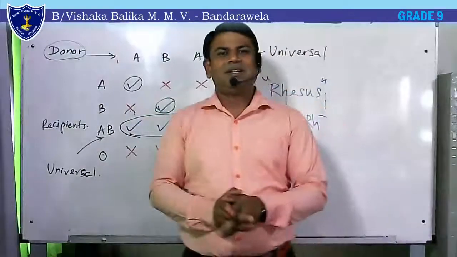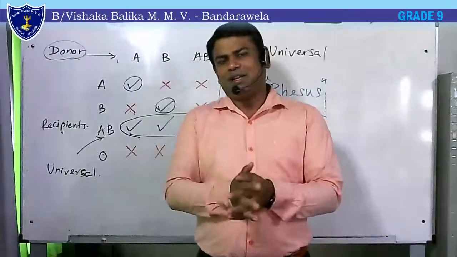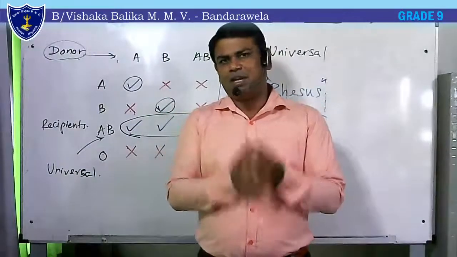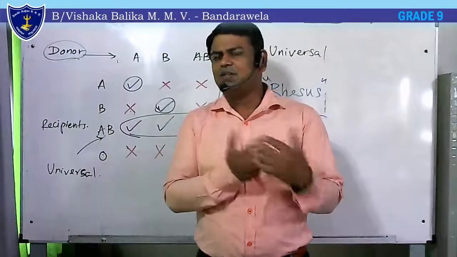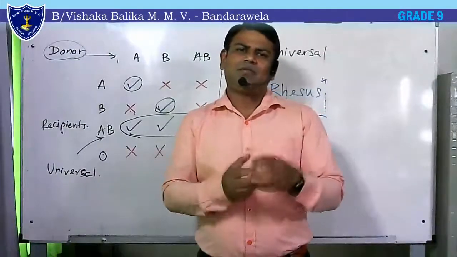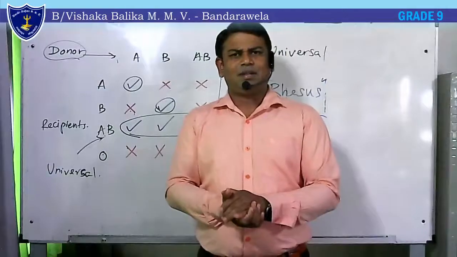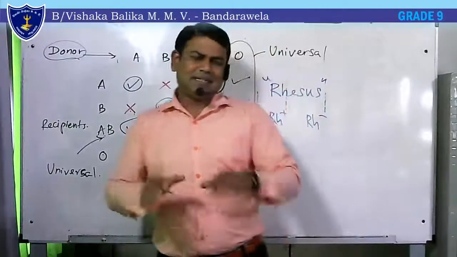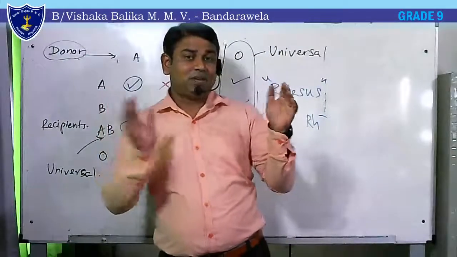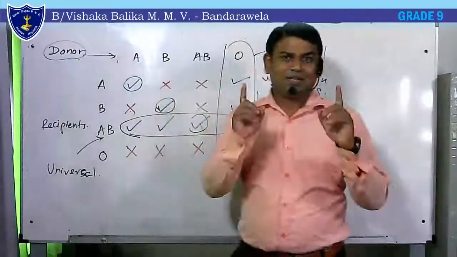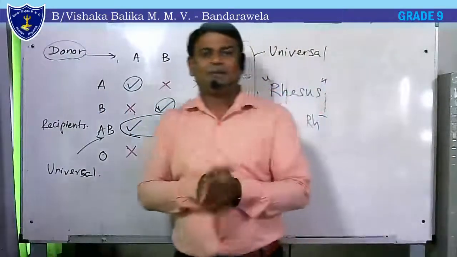That's called blood agglutination. Agglutination means rejection of the blood by a body. But now science has developed and the medical field is very advanced. They know how to test the blood groups, match them and give.